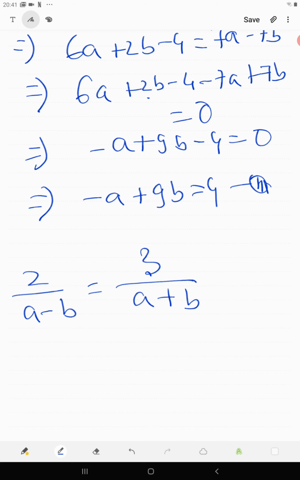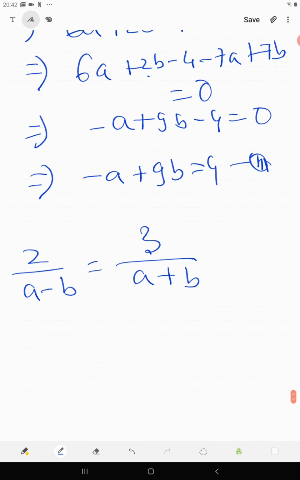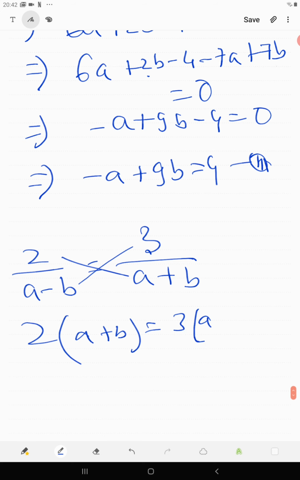So we took first and third one, and then we are taking first and second one. Then again cross multiplying, 2 into a plus b equals 3 into a minus b. What we are getting is 2a plus 2b equals 3a minus 3b.